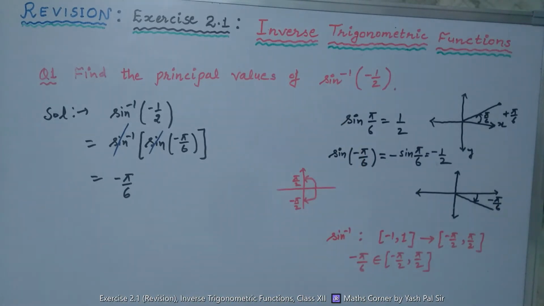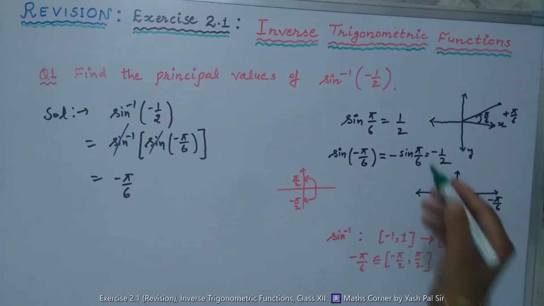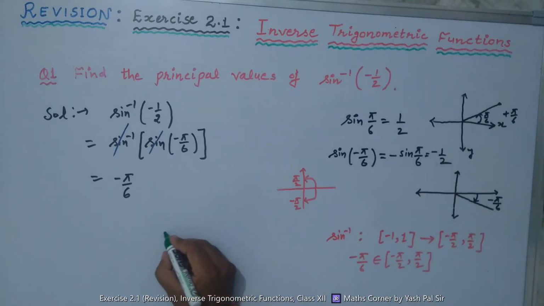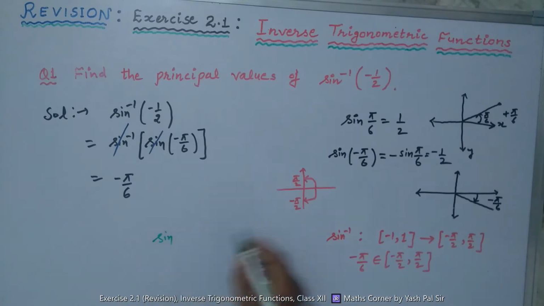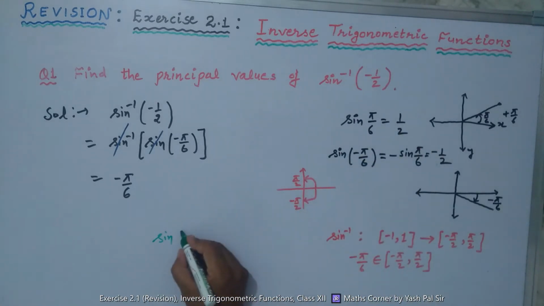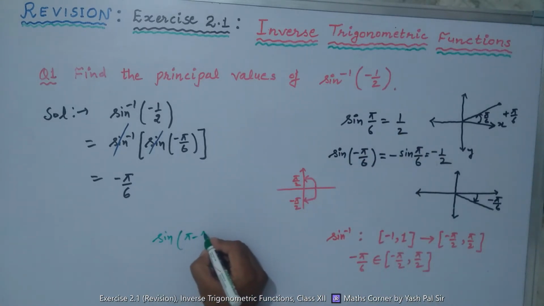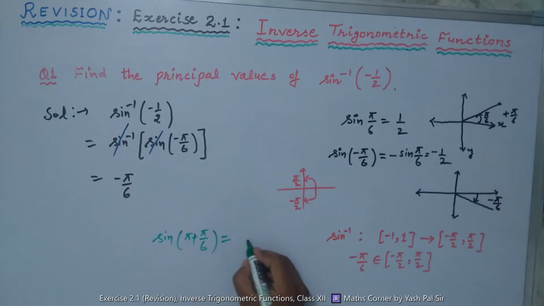Now here one more important thing I want to explain: sine of pi plus pi by 6 is in the third quadrant.